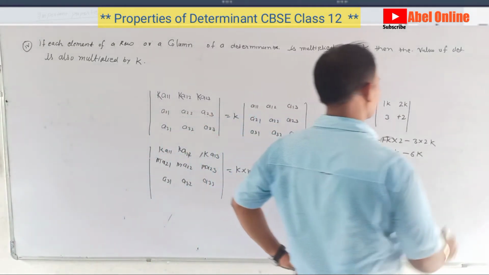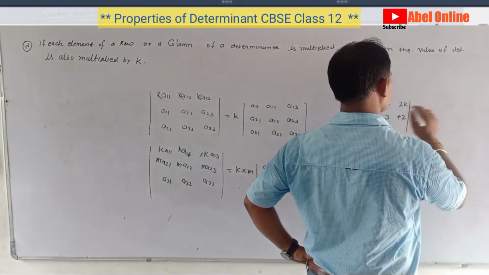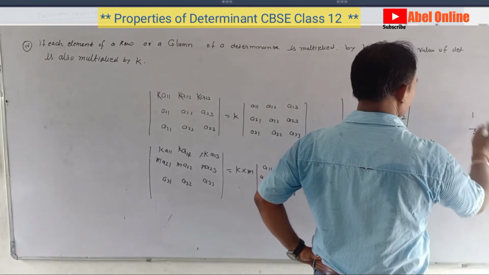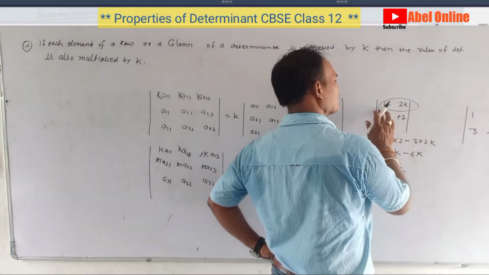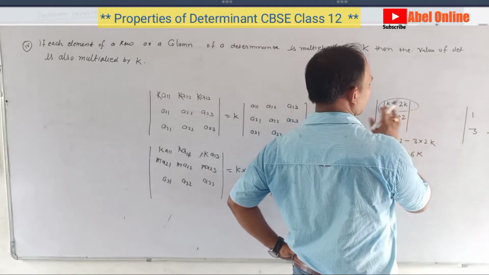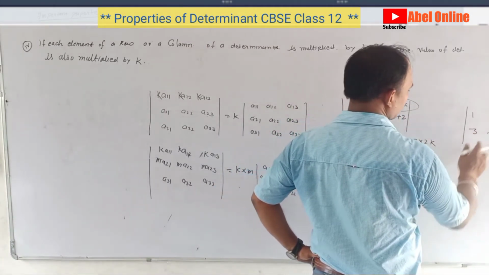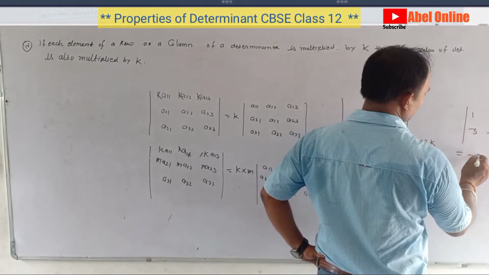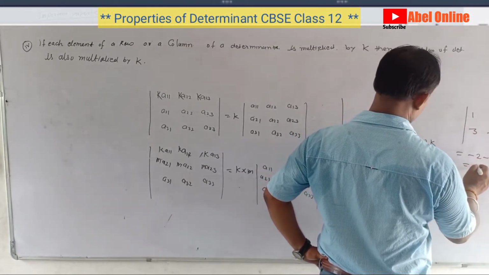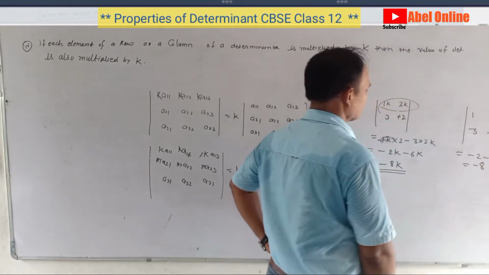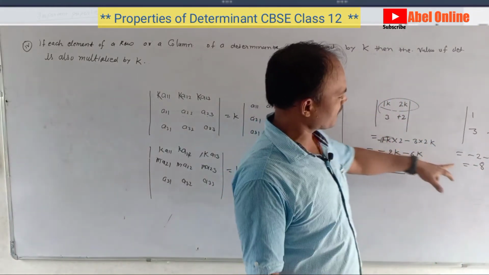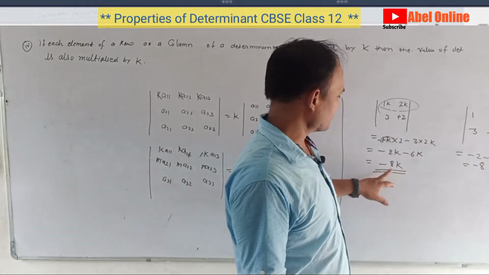And what about here, when we solve 1, 2, 3, minus 2? This is a multiple of k, and we are taking the common from here. So this is only without k. We can say that it is minus 2, minus 6, so it is also minus 8. When we multiply by k, the value of the determinant minus 8 is multiplied by k.